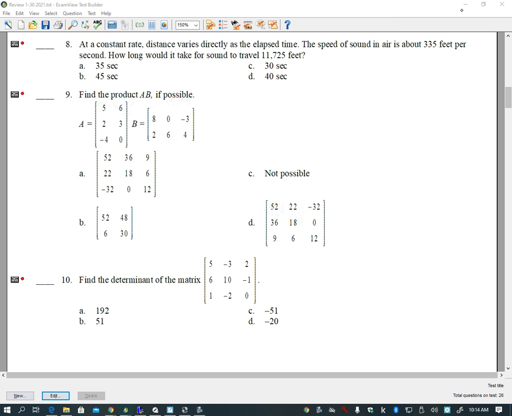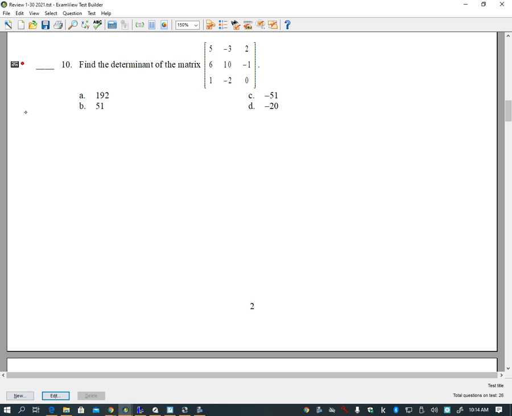Do we remember how to find the determinant? Do we want to see real quick? Okay, so we start with 5 times 10 times 0 minus negative 2 times negative 1, correct?